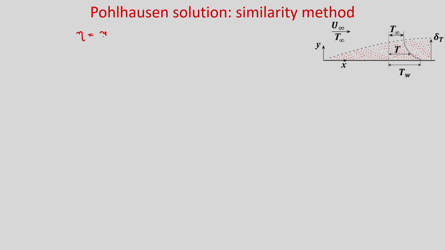We have eta equal to y into root of u infinity by nu x. So, del eta by del y will be root of u infinity by nu x, and del eta by del x, since it is x to the power minus half, will be minus half y by x root of u infinity by nu x, and this quantity y root of u infinity by nu x is eta. So, you can write minus eta by 2x.